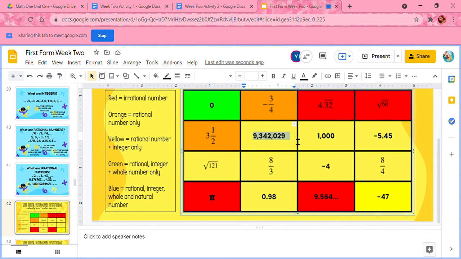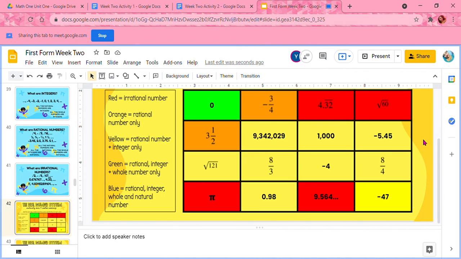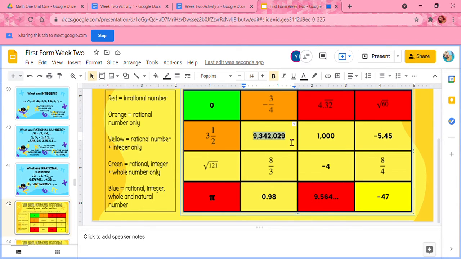I have this number. What kind of number is this? It's not an irrational. Who can read that number for me? Nine million 342,029. Very good.